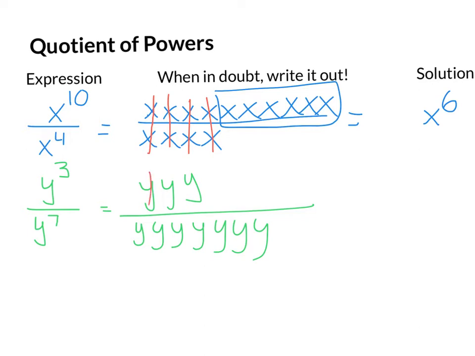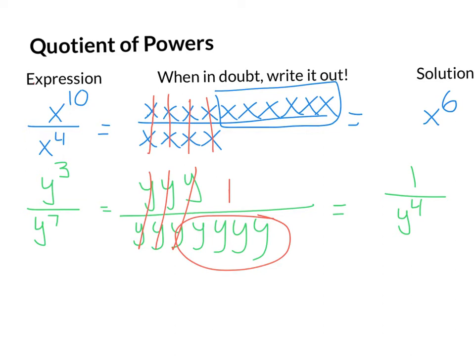All right, match up, cross off. So this one is a little bit different. This time I've crossed off everything in my numerator, and technically what that means is I still have a 1 in my numerator, and then how much is left in my denominator. So that becomes 1 over y to the 4th.